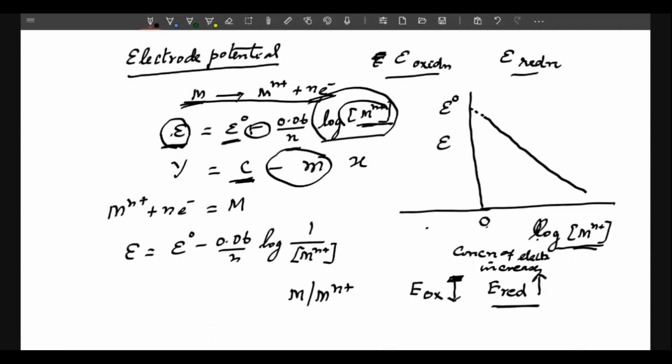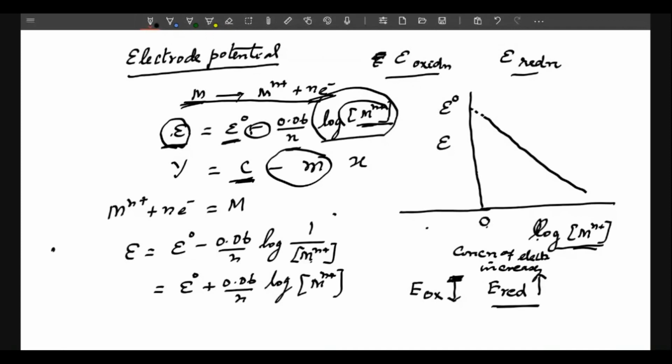Okay, this is the Nernst equation. When you bring this denominator concentration of the electrolyte to the numerator, it becomes the inverse minus, and that inverse minus would be converted into plus 0.06 by n into log of the concentration of Mn plus. Now, what is the difference between this and that? This has a minus sign, here it is plus.